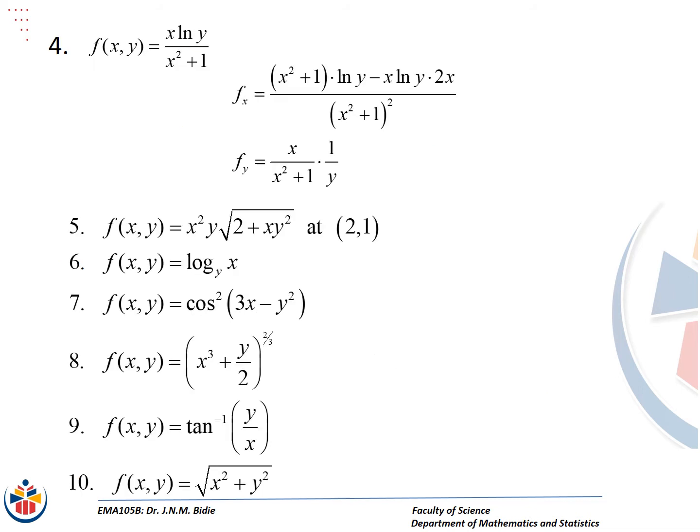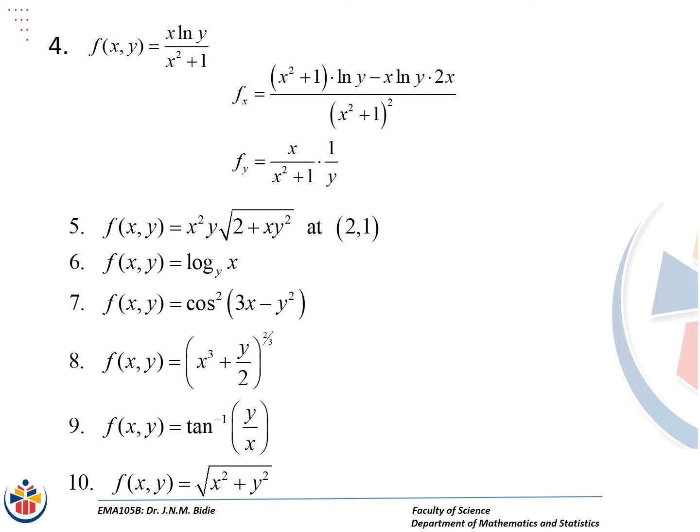Number 4, we're given again another quotient, x ln y, all divided by x squared plus 1. With respect to x, this derivative requires the quotient rule, which gives us x squared plus 1 times, remember, the denominator, so we say denominator up, and then we differentiate the numerator, which is x ln y, and remember y is taken as a constant, so we're only differentiating x.